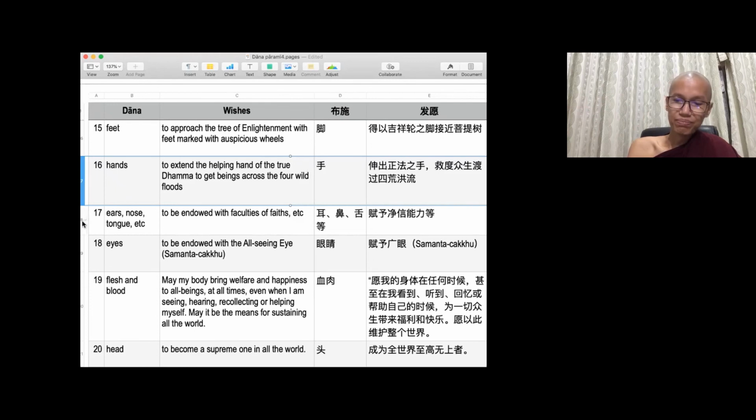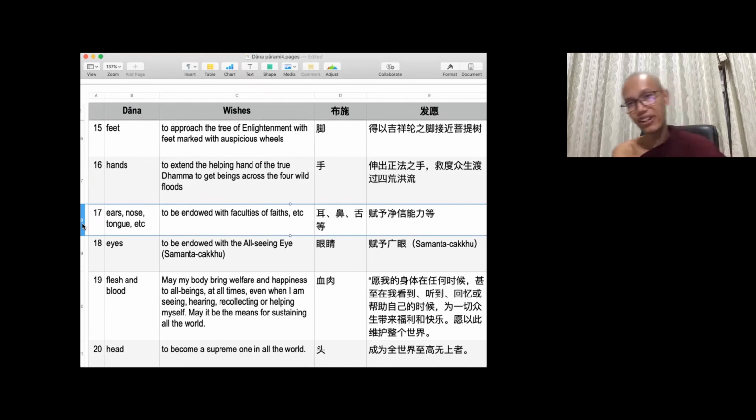Donation, to be endowed with the faculties of faith, etc. So, five kinds of faculty: Saddha, faith; Sati, mindfulness; Samadhi, concentration; Viriya, effort; Panya, wisdom.